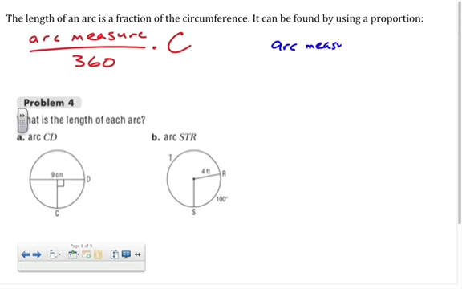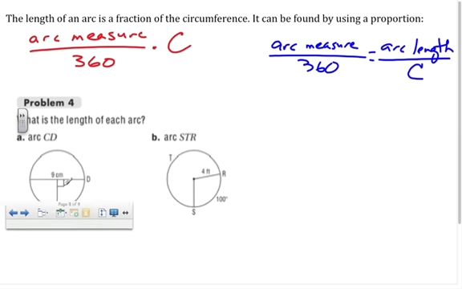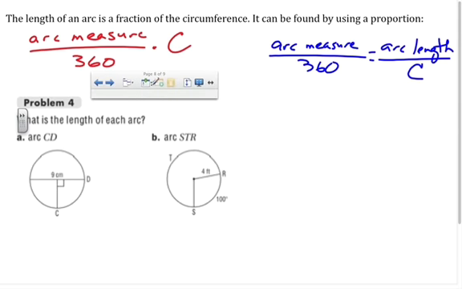Arc measure over 360 equal to arc length over circumference. You know how your brain works best. I'll do one way and the other a different way. Okay, so problem 4, part A, I'll do the red way.